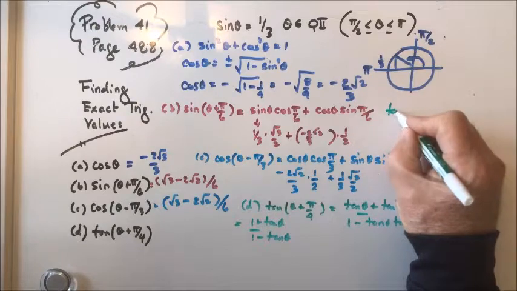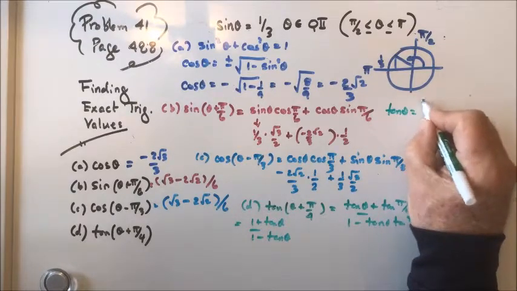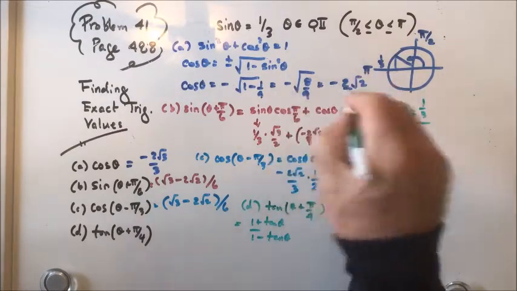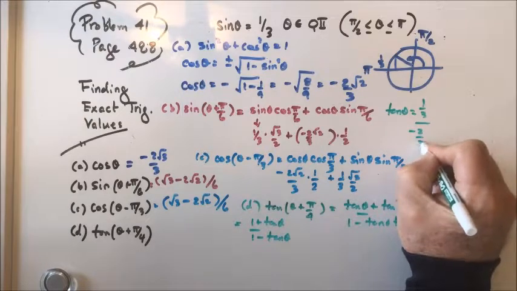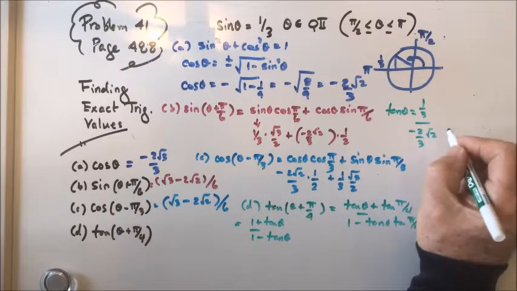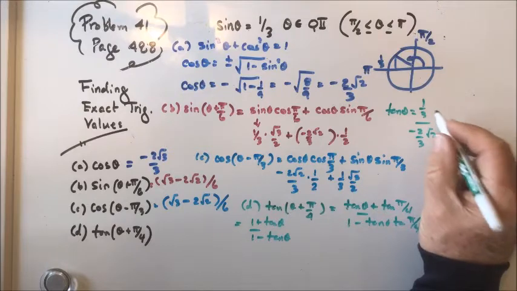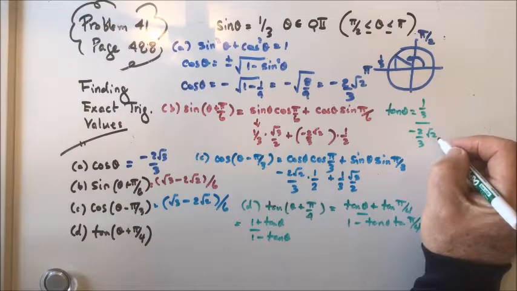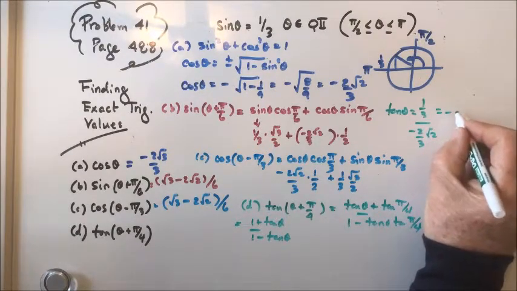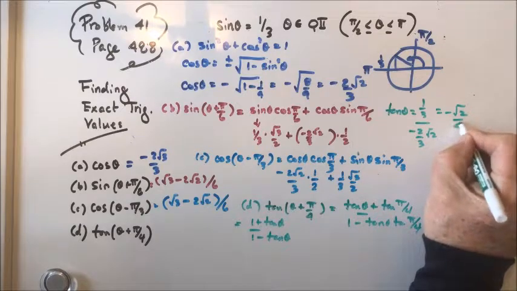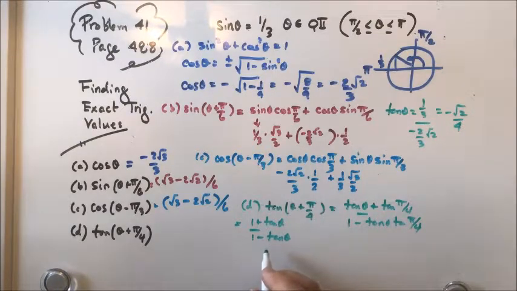Tangent theta, of course, is sine theta over cosine theta, so it's 1/3 all over, what's the cosine theta? Minus 2/3 root 2. So the 3's go away, multiply top and bottom by root 2. I get minus root 2 over 4, hopefully. So let's insert that in here, and I'll get 1 minus root 2 over 4, and 1 plus root 2 over 4.